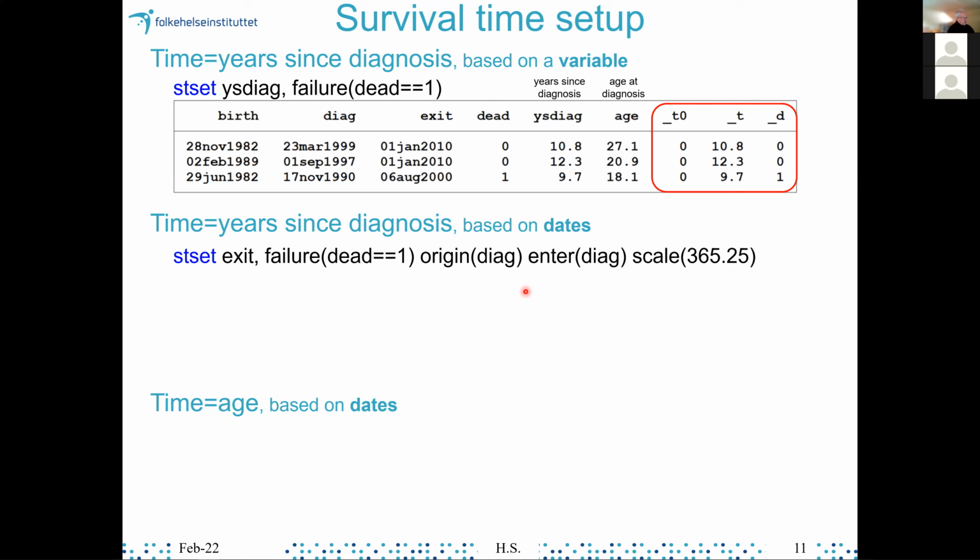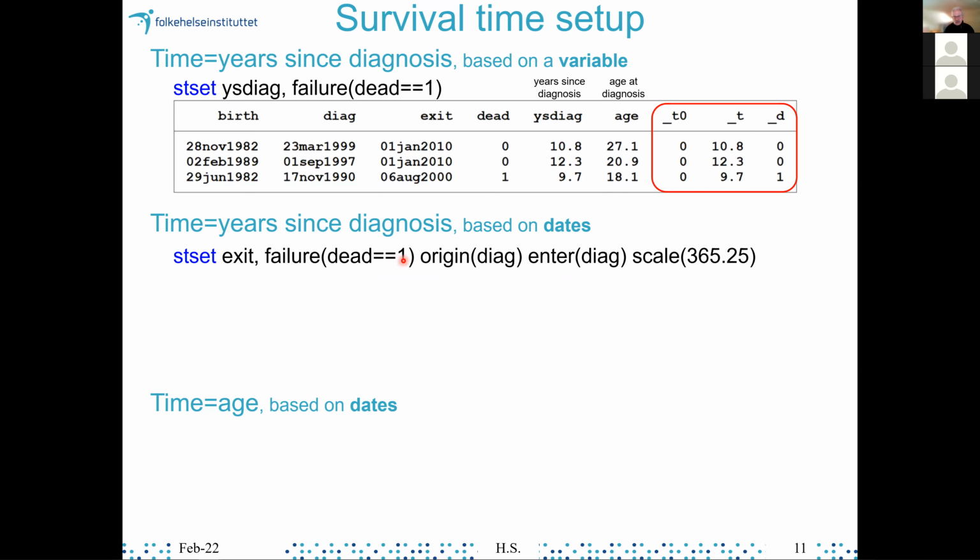You could also measure years since diagnosis based on dates, and that's how we would do that. Then we have the origin of time at diagnosis. We start counting risk at diagnosis, and we count until the date that you exit from the study. So all these three variables are now dates. And the failure again is the indicator death equal to 1.